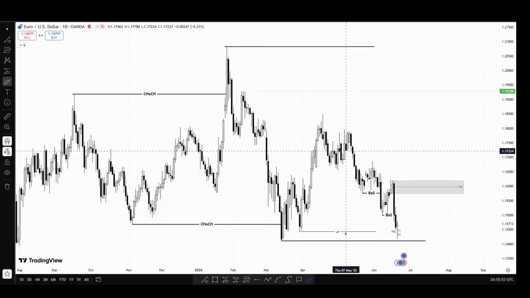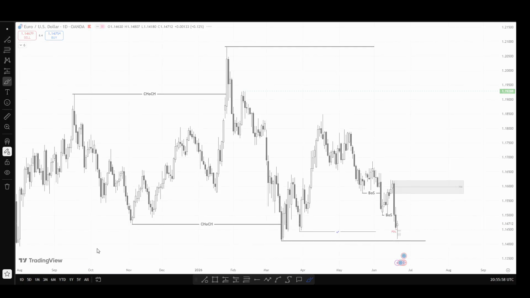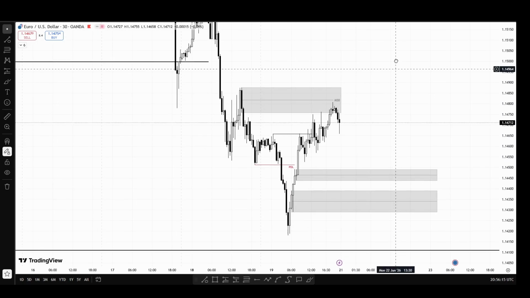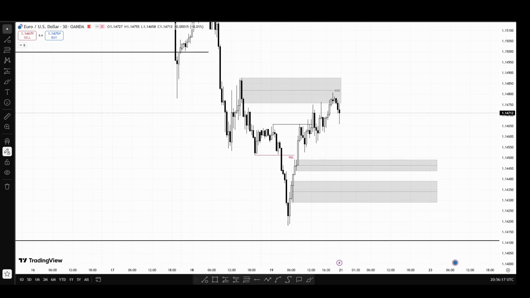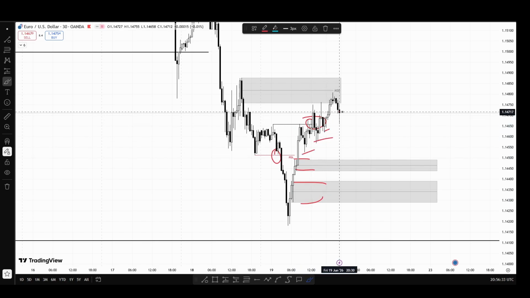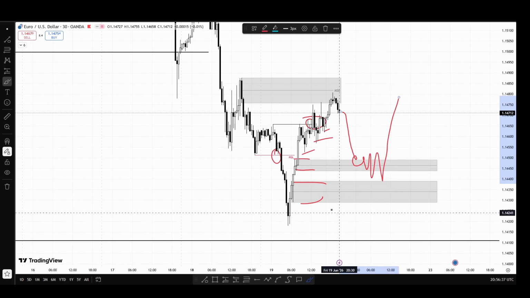Okay, so on the 30 minutes time frame, you can see that after sweeping that previous daily low and then closing above, we have this other block here, with our liquidity here, for price to come back, mitigate and give a lower time frame change of character to the upside to then buy.